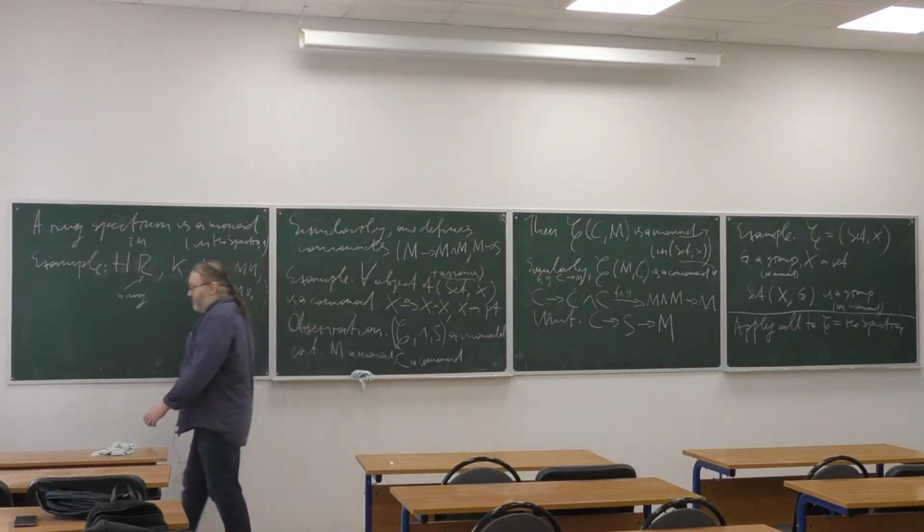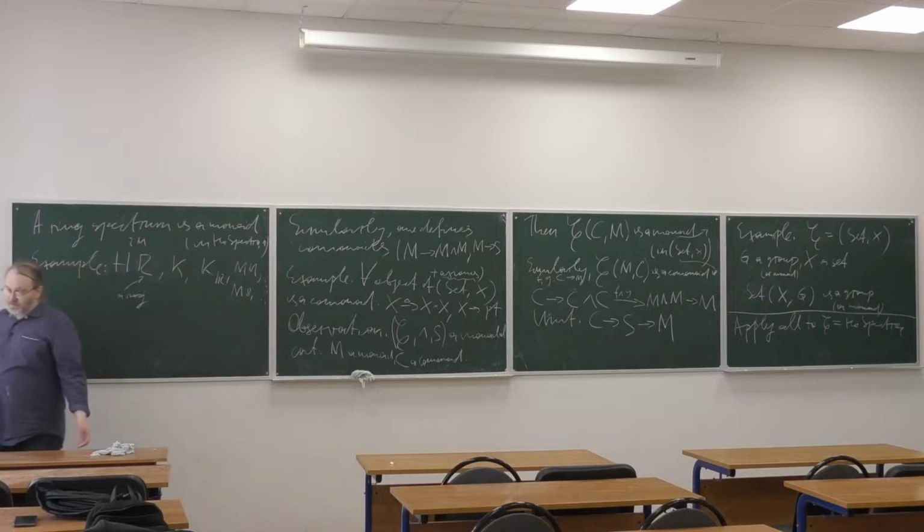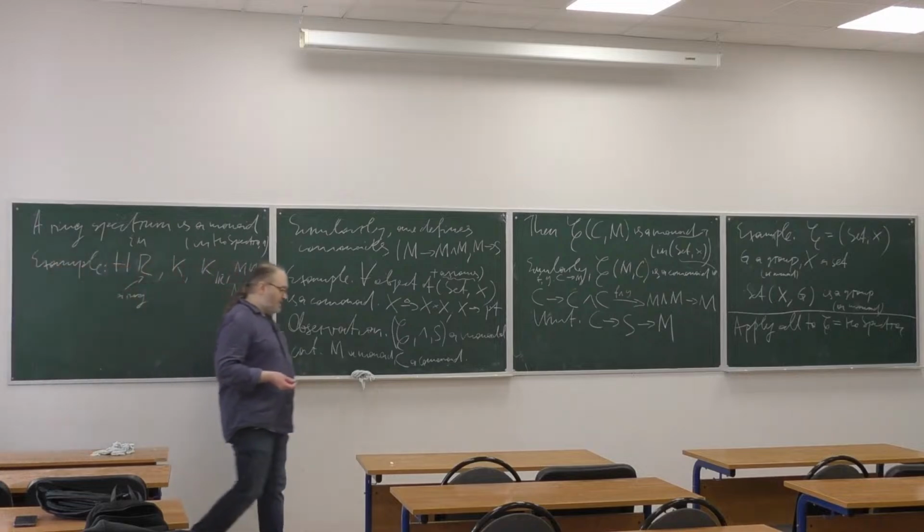Where do we get those from? The problem is there's no reason to expect that a random spectrum will be a comonoid with respect to the standard monoidal structure. So, what do we do?